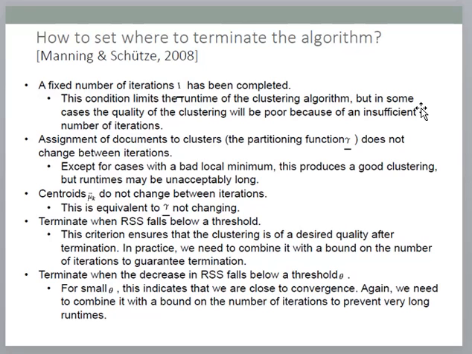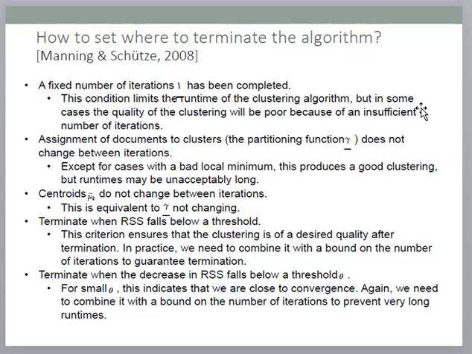So in that case, we can have an outer loop which is basically a counter check, and we can assign it our maximum limit, for example 100 iterations. If within 100 iterations the RSS value falls below that threshold, the algorithm can terminate at that point.